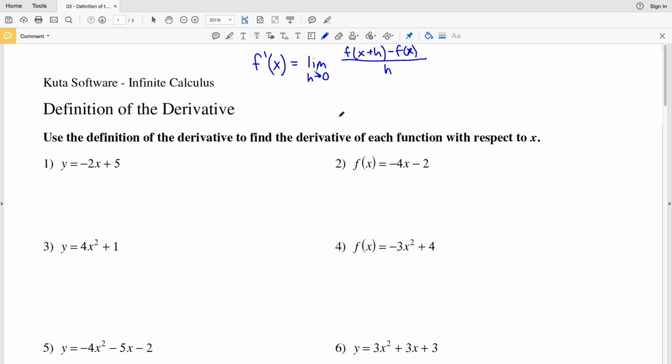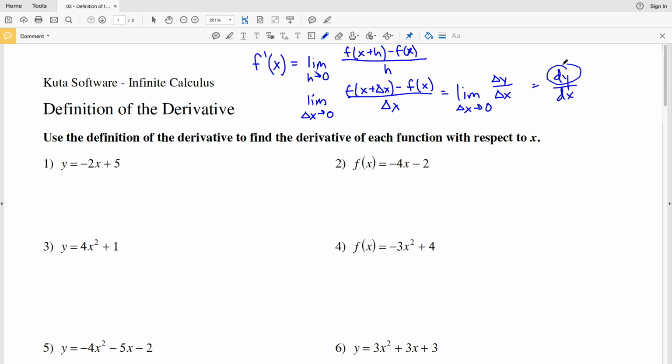Another way we could write this is as the limit as delta x, which is h, approaches 0, of f of x plus delta x minus f of x all over delta x. That's also known as the limit of delta y over delta x as delta x approaches 0, which is dy dx.